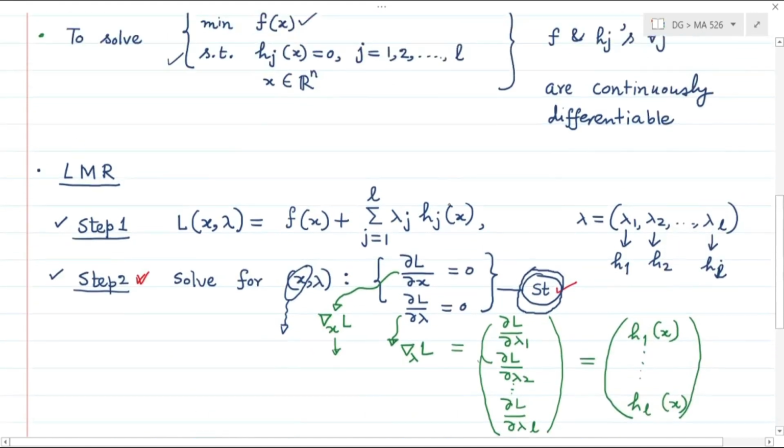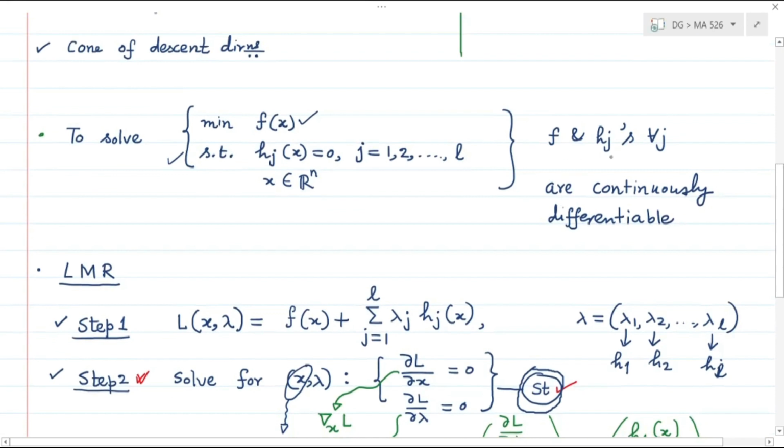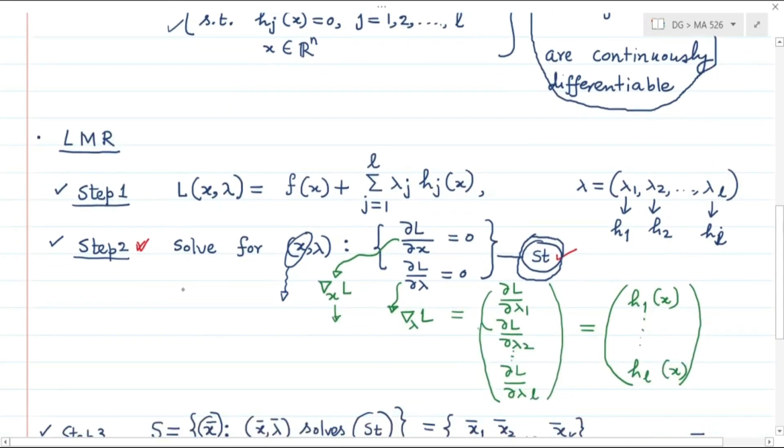If, in addition to f and h_j being continuously differentiable, we do not impose some extra condition on the problem, a local minimum will not necessarily be a solution of the stationarity system.